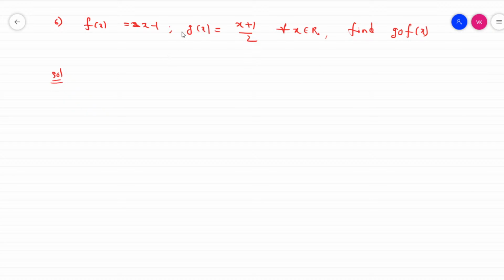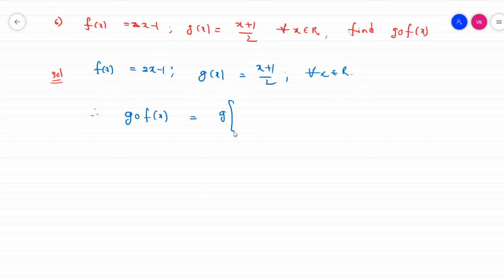In the solution, we have to write the functions first. So f of x is equal to 2x minus 1 and g of x is equal to x plus 1 by 2, wherever x belongs to R. Let's find out g circle f of x is equal to g of f of x, that is equal to g of 2x minus 1, since f of x is equal to 2x minus 1.